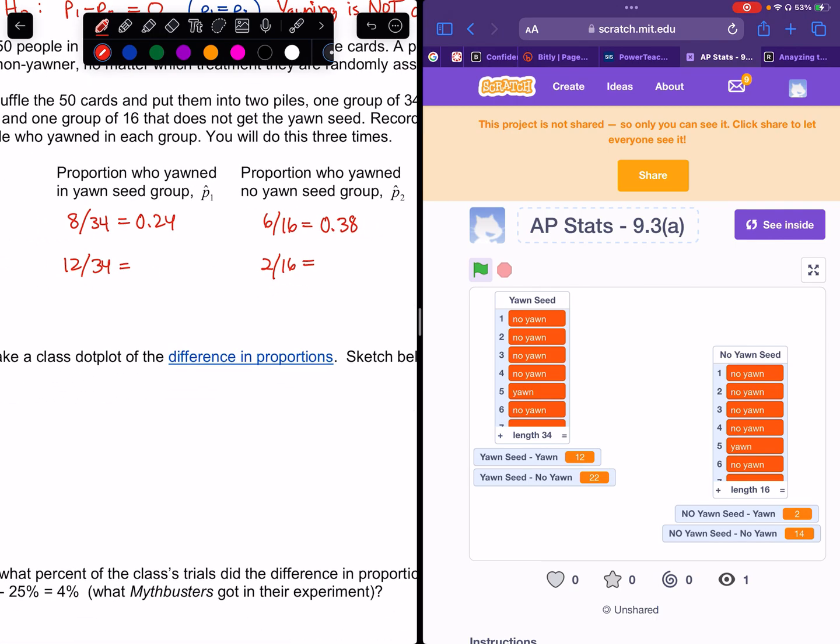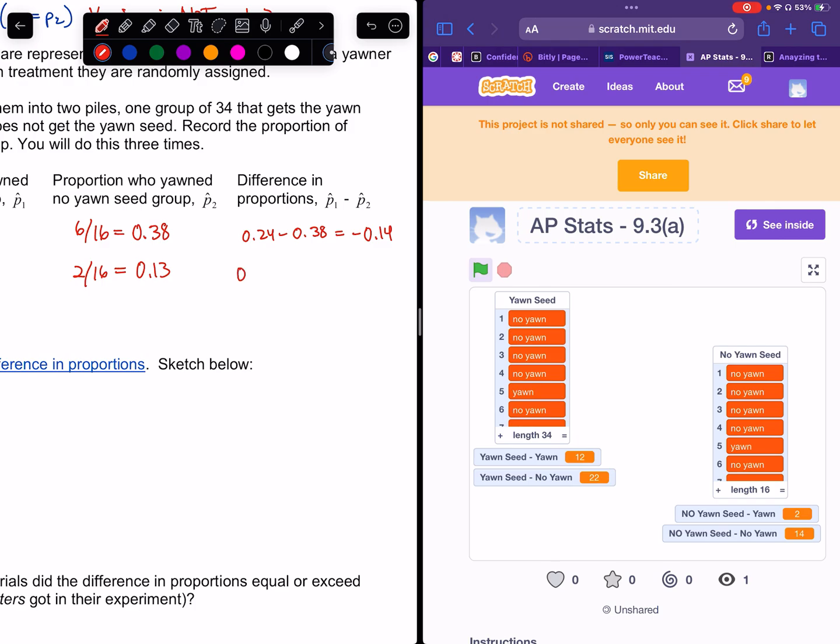So 12 out of 34 is 0.35. Our 2 out of 16 is 0.13. 0.35 minus 0.13 is 0.22.